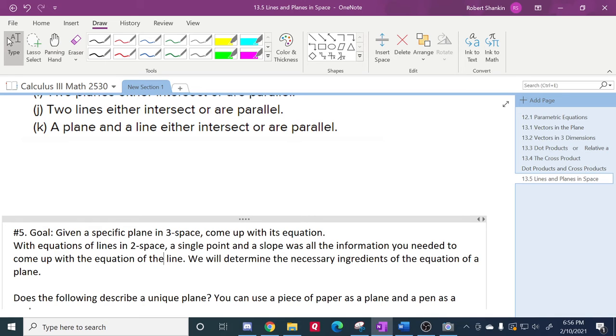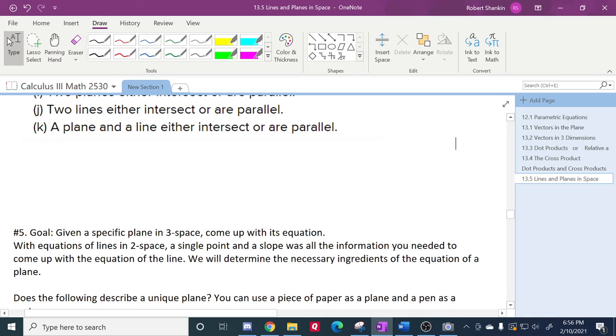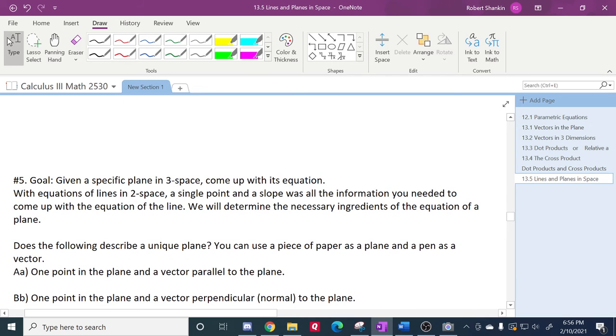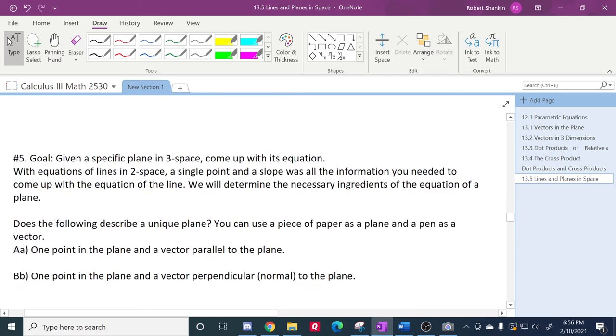We will determine the necessary ingredients of the equation of a plane. Maybe it's 2 pieces of information, maybe it's more. So, I have these 2 important questions. Does the following describe a unique plane? You can use a piece of paper as a plane, a pen as a vector.